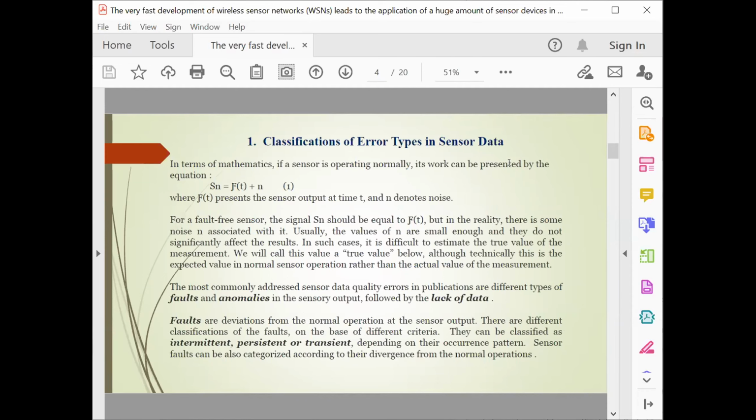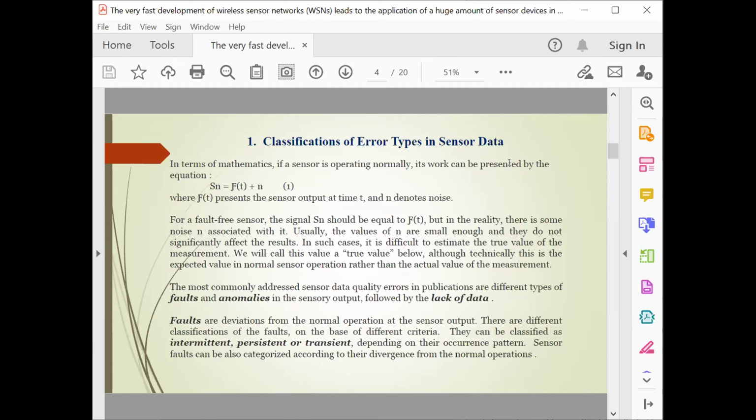Speaking in terms of mathematics, if the sensor operates normally, its work could be presented in this equation, where the sensor output and time are captured and the noise is denoted. The most commonly addressed sensor data quality errors are different types of faults and anomalies in the sensory outputs, followed by the lack of data.